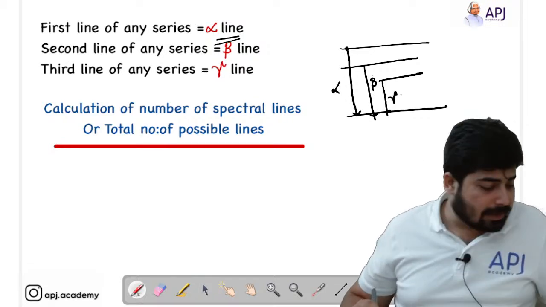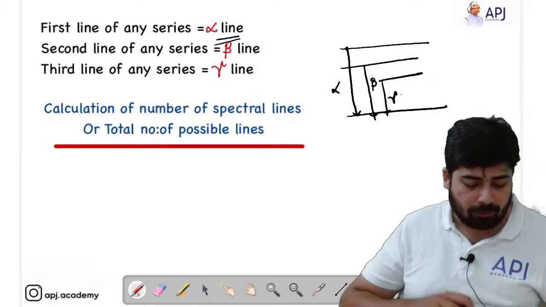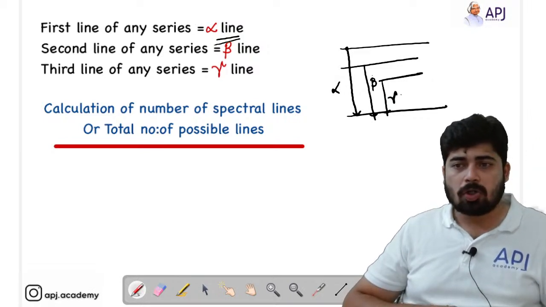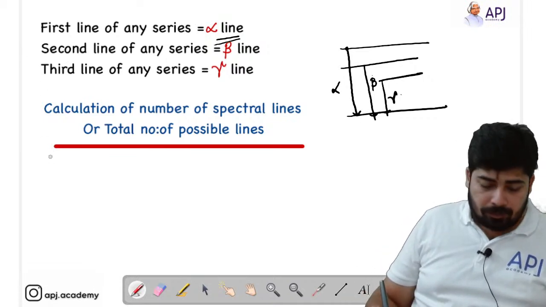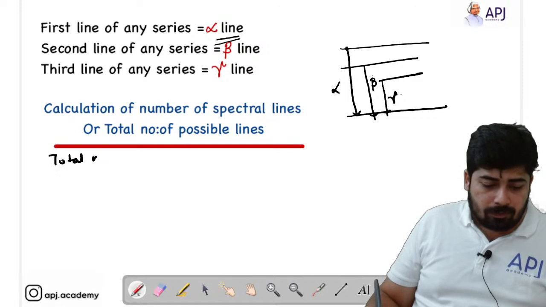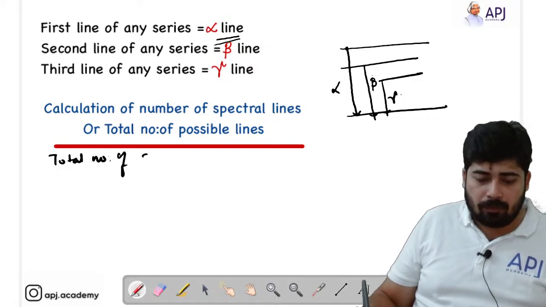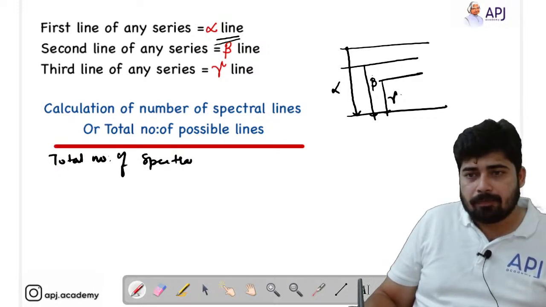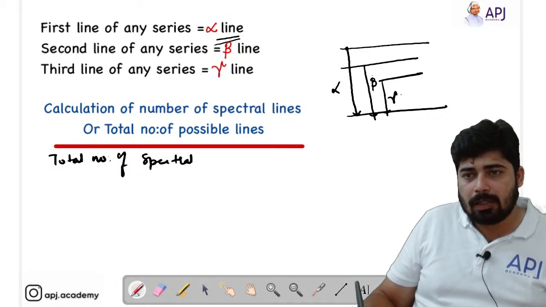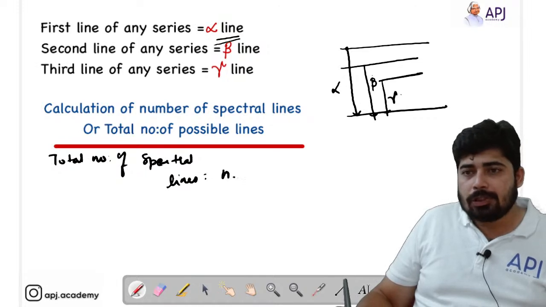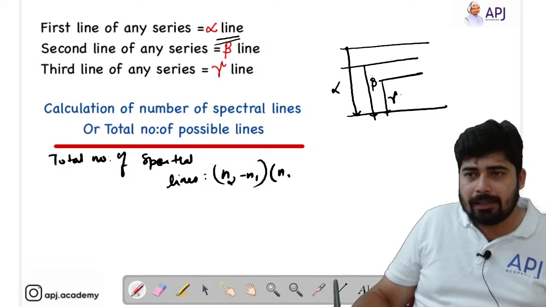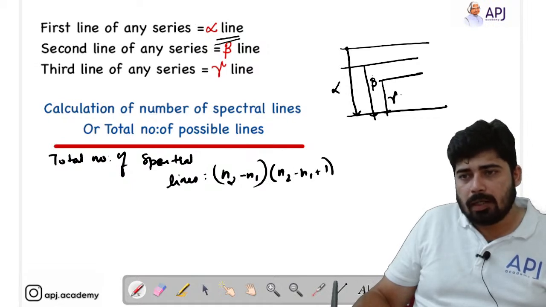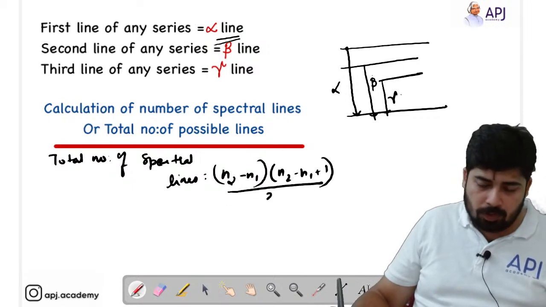Now let's discuss the calculation of the number of spectral lines, or the total number of possible lines. The formula I am giving: total number of spectral lines is equal to N2 minus N1 into N2 minus N1 plus 1, divided by 2.